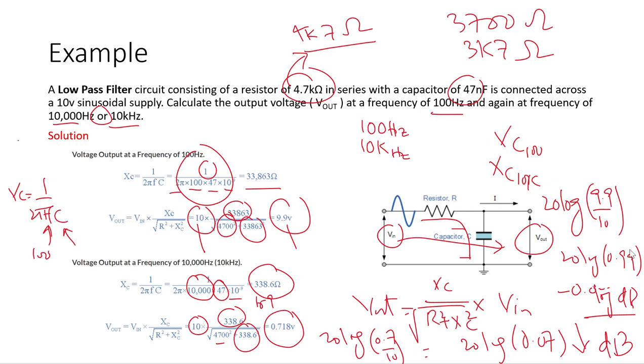So this is what happens if we increase the frequency. So this clearly says that the filter that we are discussing is a low pass filter. It allowed 100 Hz, but it didn't allow 10k Hz.